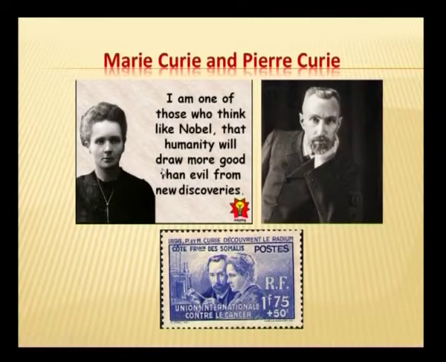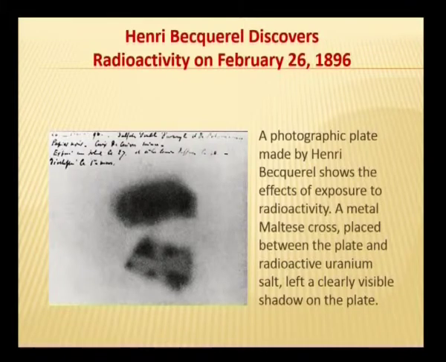Here is Pierre Curie and Madame Curie, the husband and wife. Along with Henry Becquerel they share the first Nobel Prize. As I told you at the beginning, it is an important thing in the history of physics, namely the discovery of X-rays by Röntgen, and it is a very interesting thing.